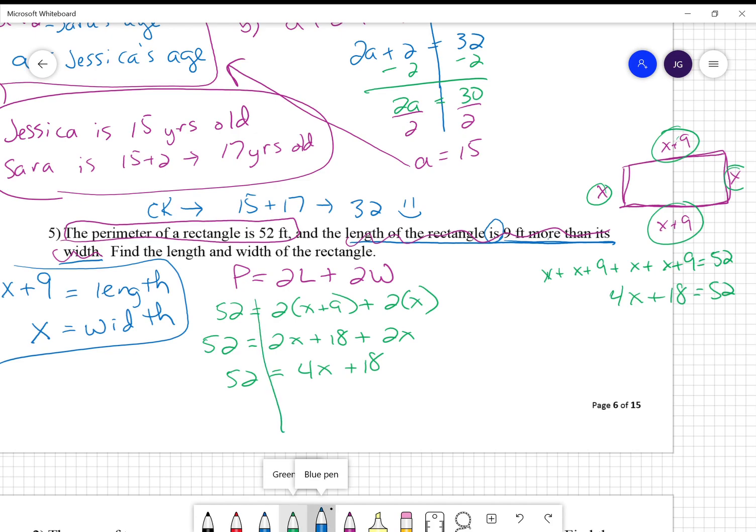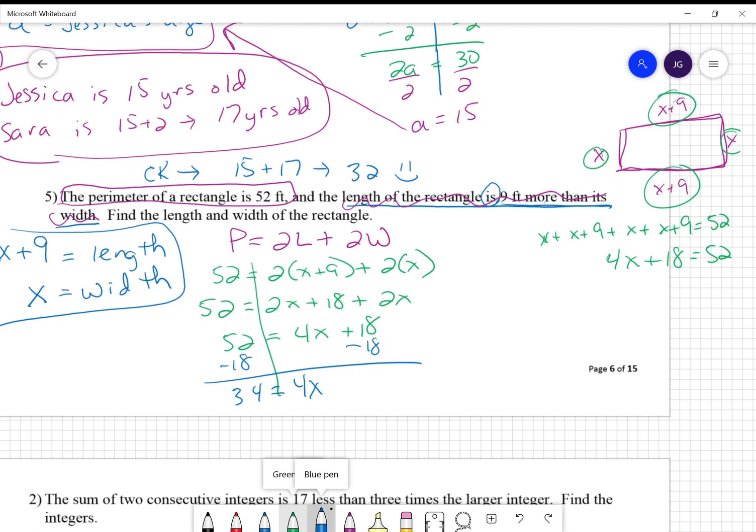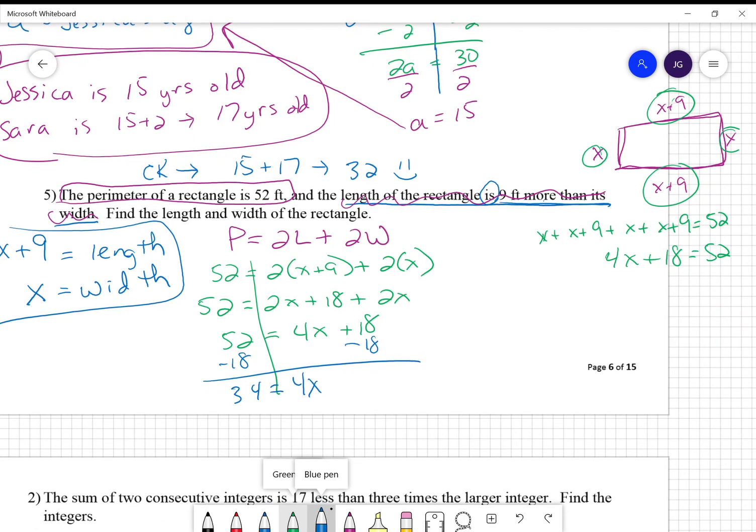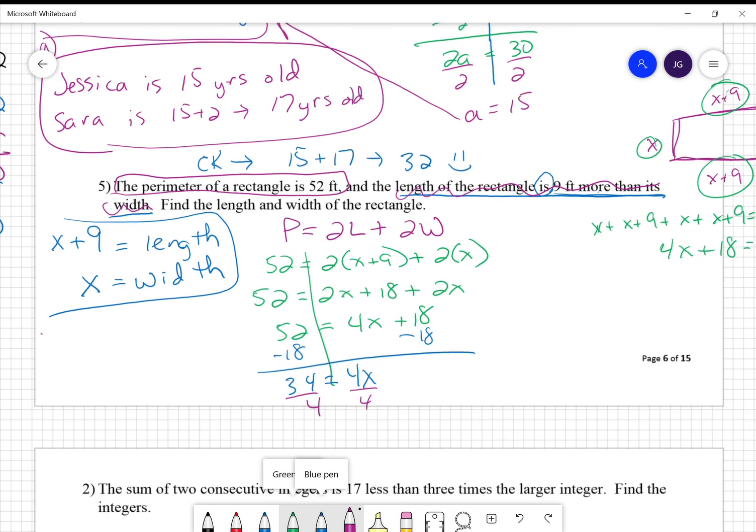Subtract both sides by 18. 34 equals 4X. Divide by 4. I get X equals 8.5.